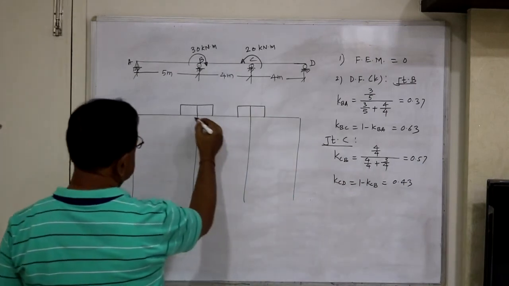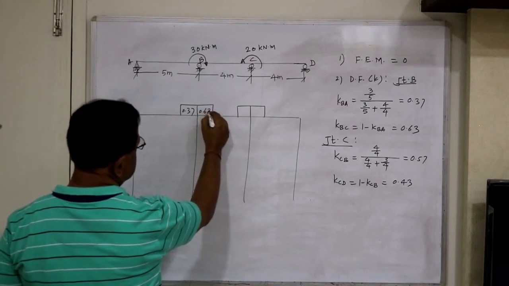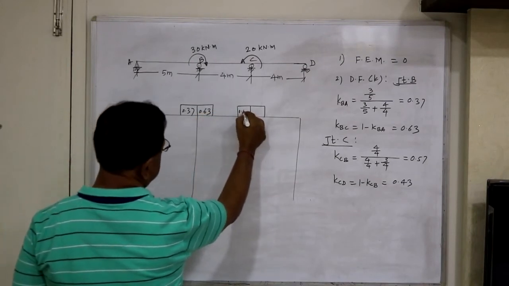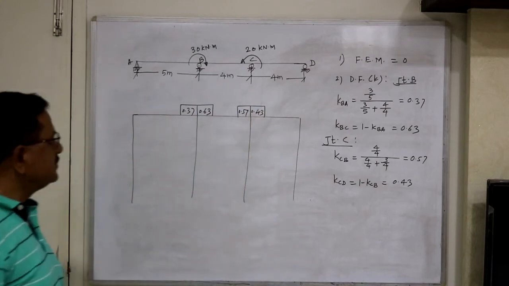So let's enter these: 0.37, 0.63, 0.57 and 0.43. So no fixed end moment.